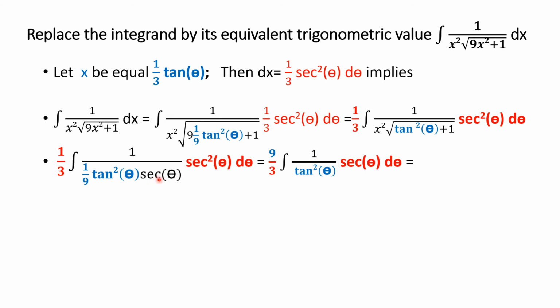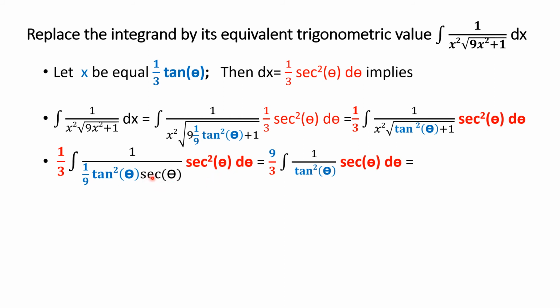So the square root goes and we will have sec of theta. And this is multiplied by the remaining of the dx equivalent, which is sec square theta d theta.